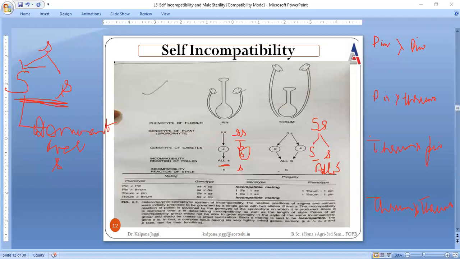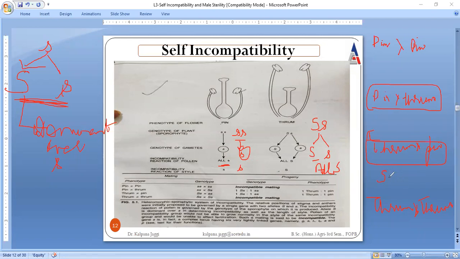When we are discussing the mating that is taking place between pin and thumb, that means pin or thumb, or say thumb or pin, this is the one thing only, right? Here pin is being crossed with the thumb, or say thumb is being crossed with pin. This kind of mating is always going to produce two types of genotypes.